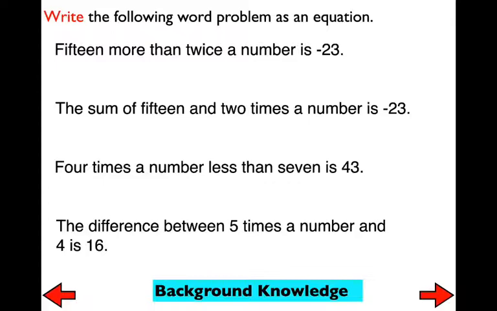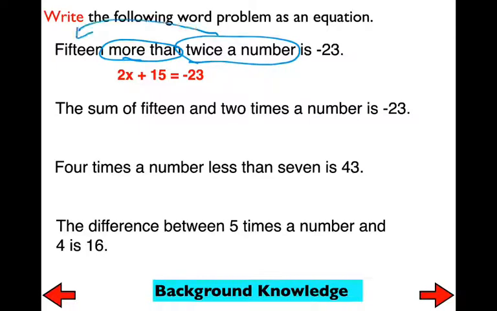So for example, 15 more than twice the number is negative 23, is 2x plus 15 equals negative 23. And the reason is because more than means to add, but in English it means to reverse the order. So that's why the twice a number, or the 2x comes first, and the 15 comes after that to make the 2x plus 15 equals negative 23.